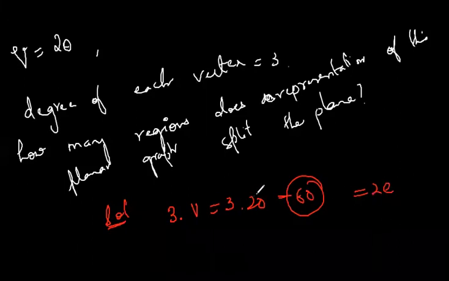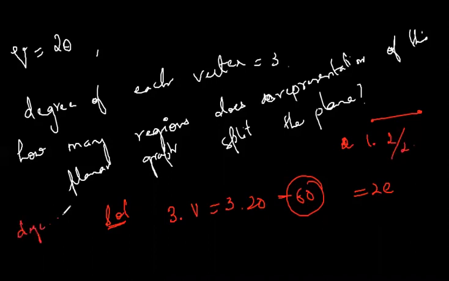Because each edge is counted at both of its vertices. Suppose we have 2 vertices of degree 1, so the sum of degrees is 1 into 2, but how many edges do we have? We will have to divide it by 2. So here also the formula is sum of degrees of vertices is equal to 2 into e. So 60 divided by 2, we get e equal to 30.